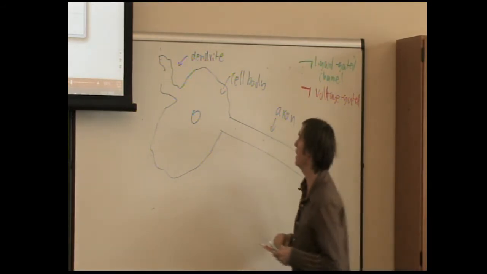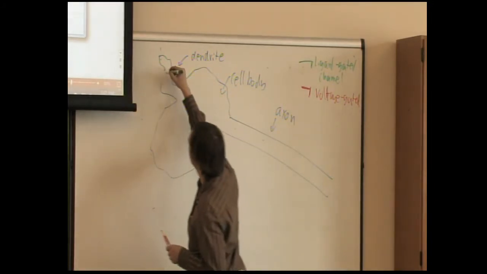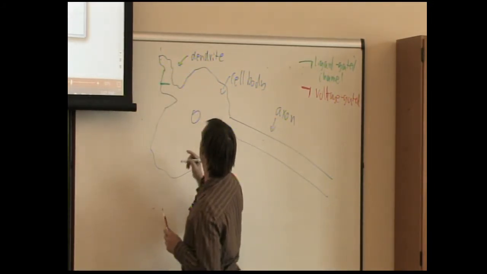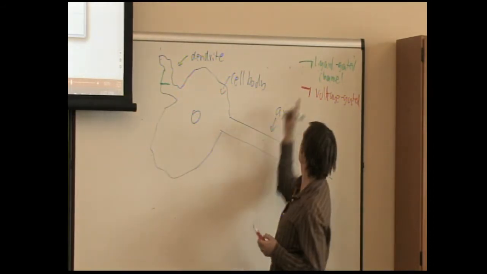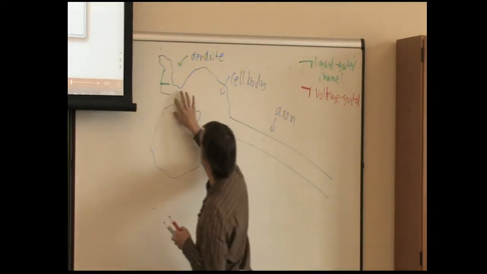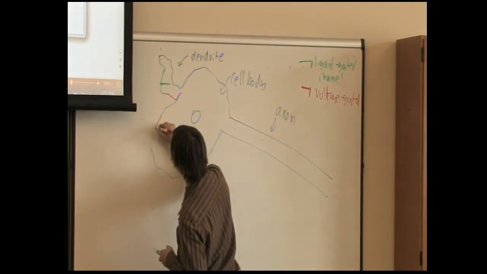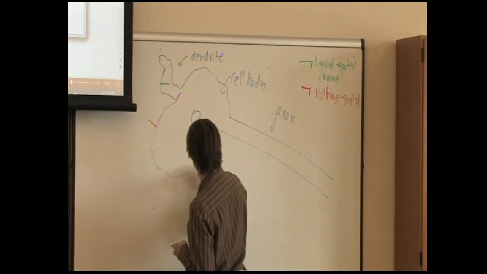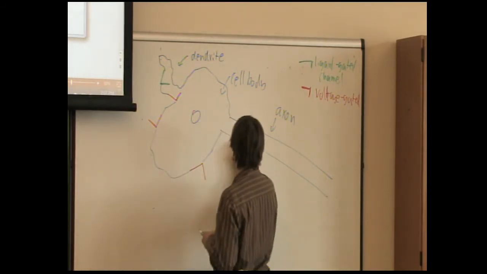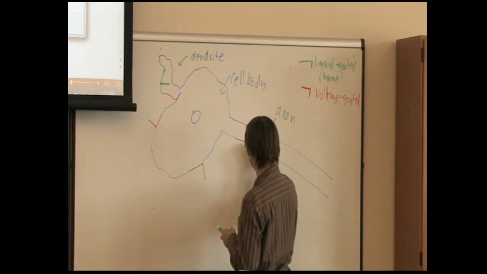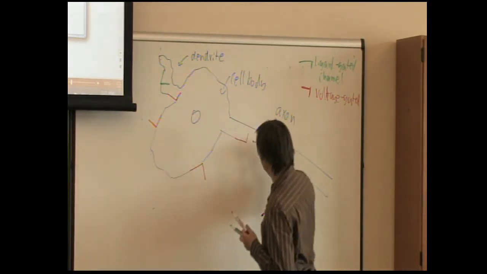All right, so anyways, in our dendrite we've got some ligand-gated channels, and we've got some voltage-gated ones, the cell body too. The axon has them, and if you notice, I'm drawing them all closed, or trying to. Whoops.